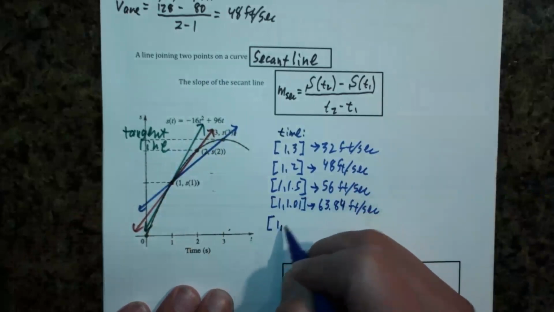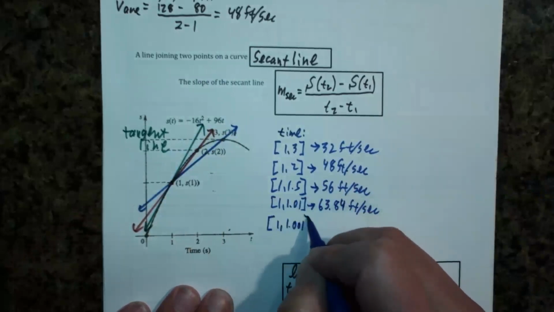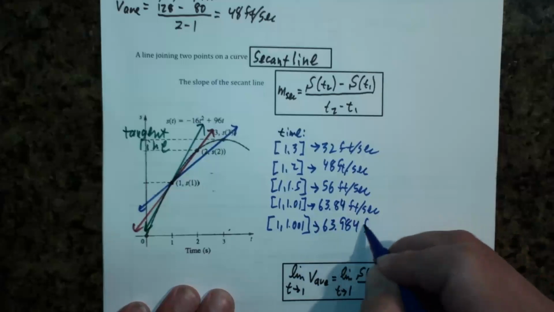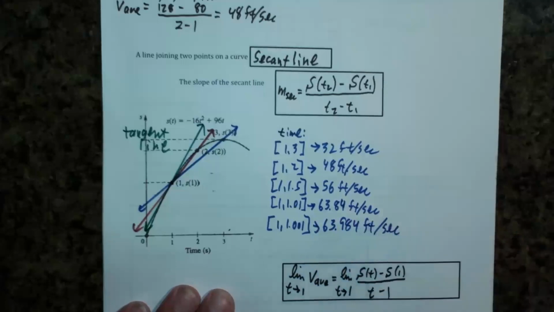And if we go from 1 to 1.001, we are approaching 63.984 feet per second. And can you see that we are definitely approaching, as we get closer and closer and closer, that's getting closer and closer to 64 feet per second. So in this case, our limit is going to be 64 feet per second.